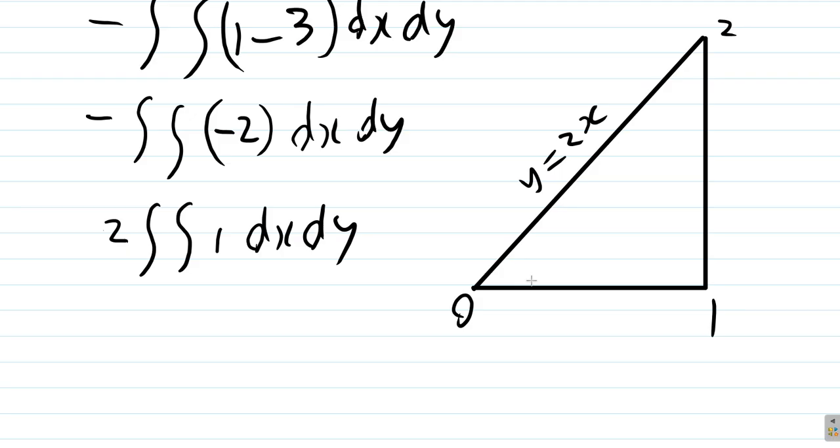Now, what we could do, consider that we have small elements where the width is delta x and the height is delta y. If we stack them up from the bottom here, the x-axis, upwards, the dy would go from 0 up to 2x.